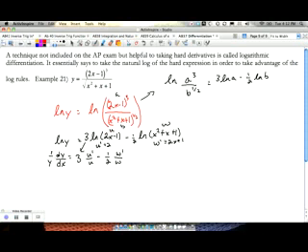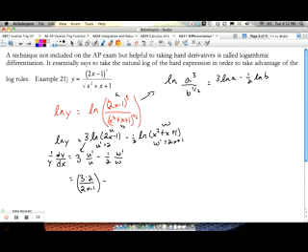I'm going to leave this 1 over y here and substitute these pieces in. This is going to be 3 times u prime, which is 2, over u, which is 2x minus 1. That's my first term.